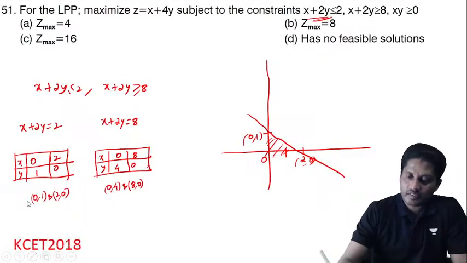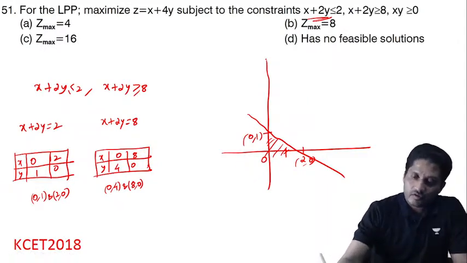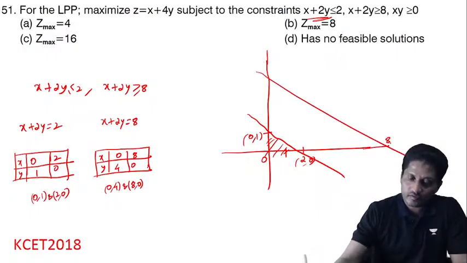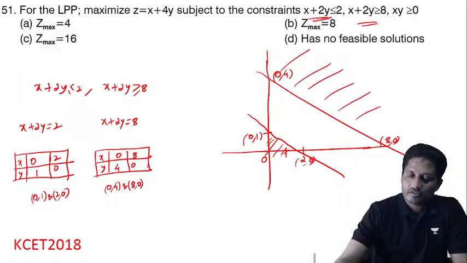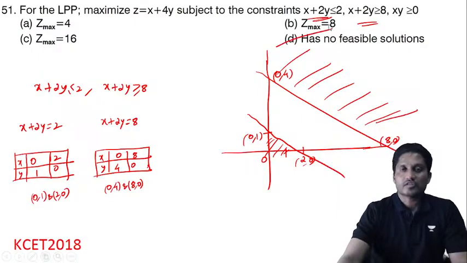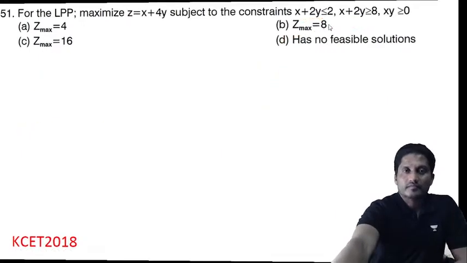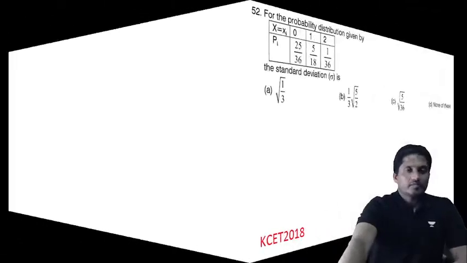Then x plus 2y, 0 comma 4 and 8 comma 0, greater than or equal to 8. This is away from the origin. There is no feasible region. Answer is option D. Let's move to the next question.